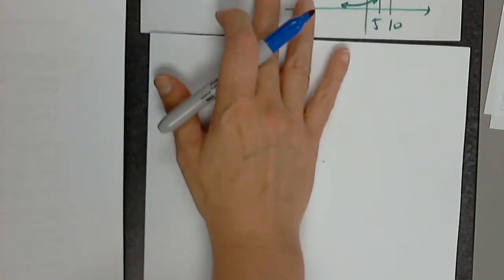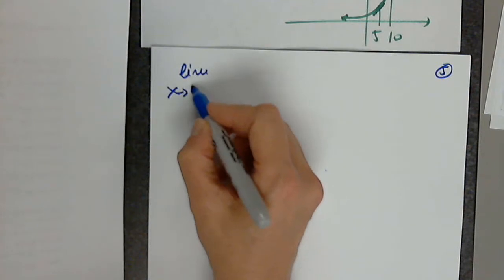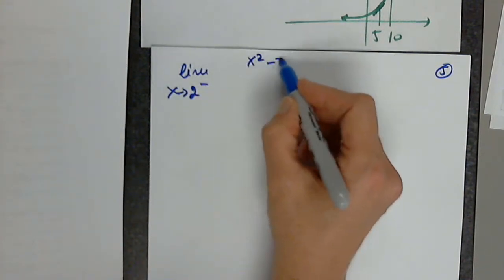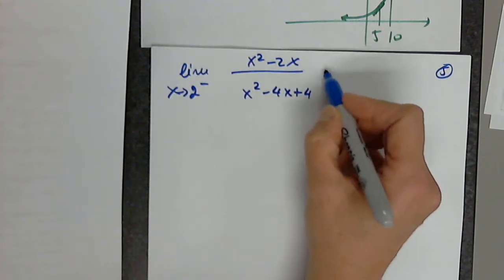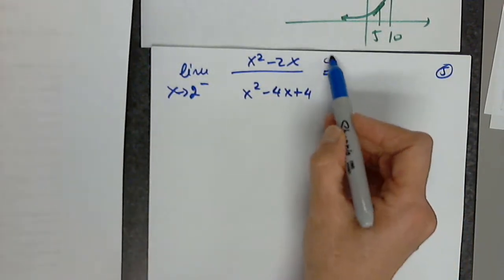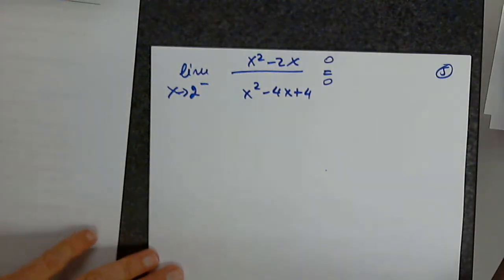So this is the limit as x approaches 2 from the left, of x squared minus 2x divided by x squared minus 4x plus 4. I plug in 2, I get 0 over 0. There is hope, no guarantee whatsoever, but there is hope.